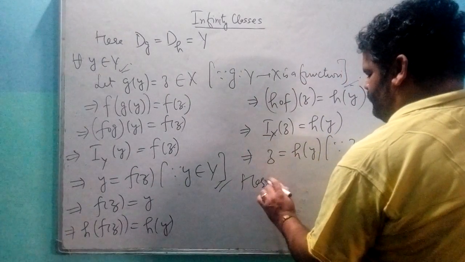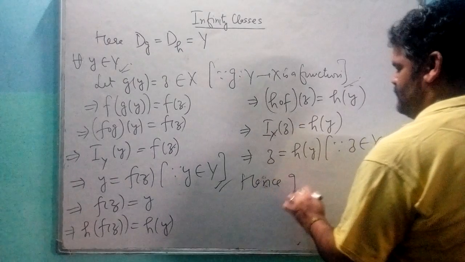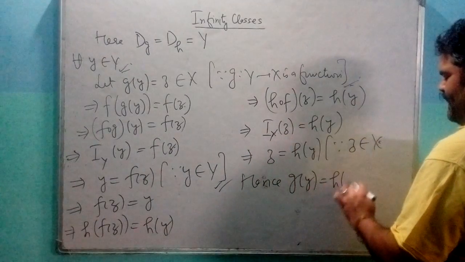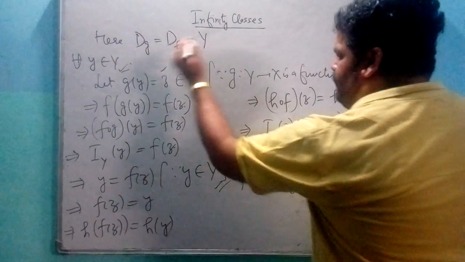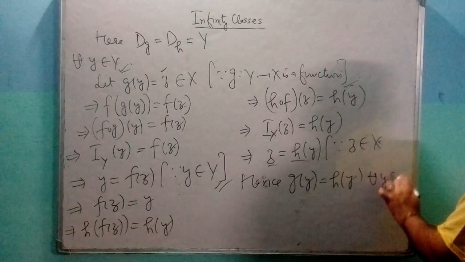Hence, g of y is equal to h of y, because both are z, for all y belongs to Y.